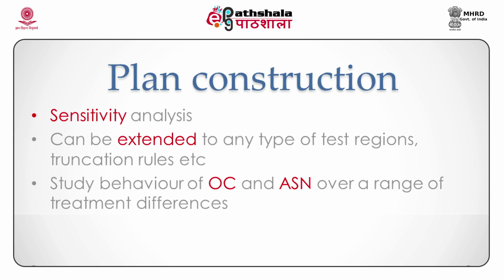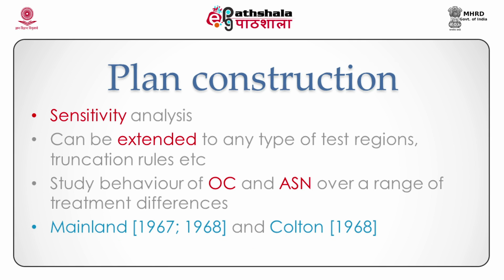The authors recommend that we study the behavior of the OC and the ASN over a range of treatment differences, especially in the situation where we might not have much prior idea about the range of treatment differences to expect. And finally, for more detail, you are referred to the papers by Mainland in 1967 and 68 and Colton in 1968.